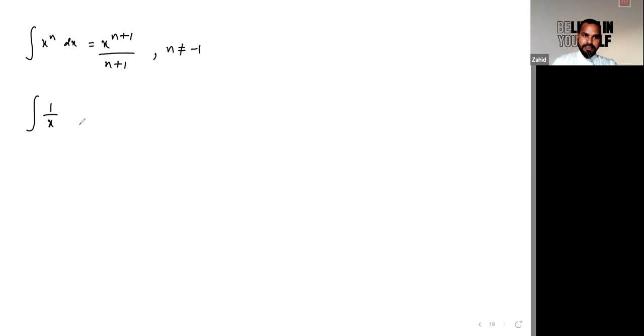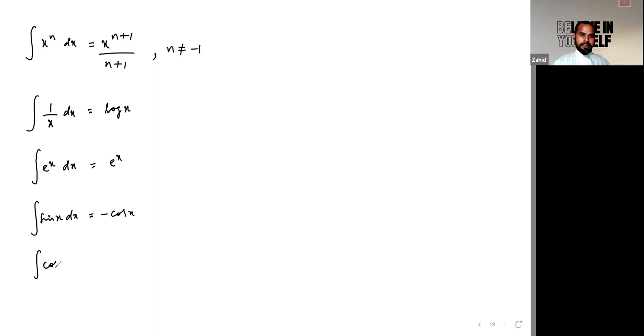But if n is -1, it will be 1 over x times dx, so it will be log of x. And last, if we have e raised to x times dx, it will be e raised to x. Similarly, if you integrate sine x, it will be minus cos x. And integration of cos x dx will be just positive sine x.